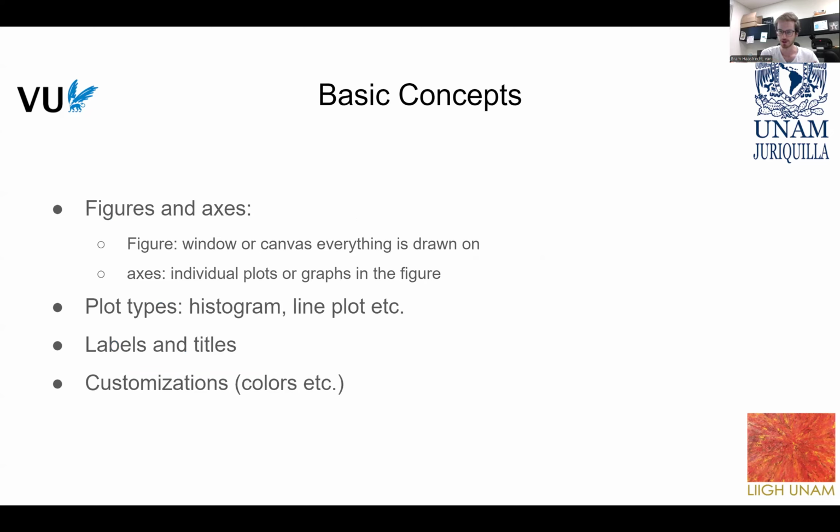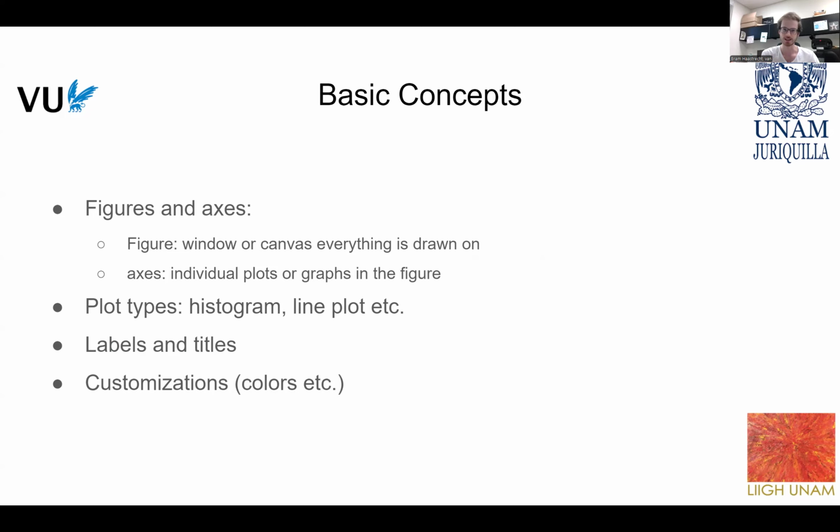When we talk about data visualization in Python, I think it's important to go over a few basic concepts. First is the distinction between the figure object and an axis object. The figure is the window or the canvas on which everything is drawn.